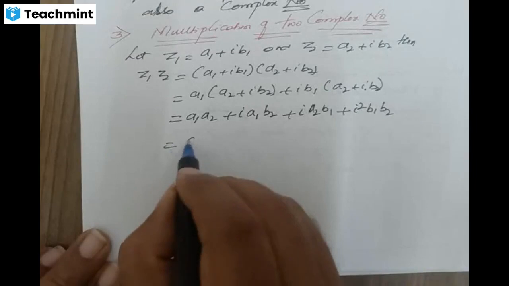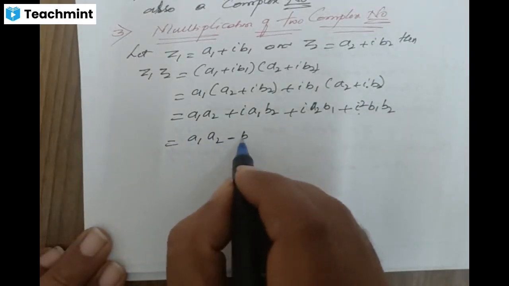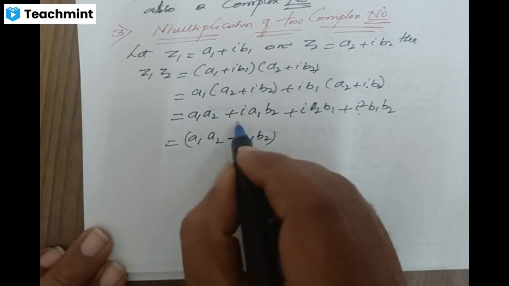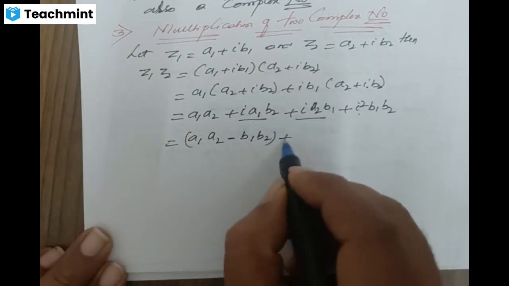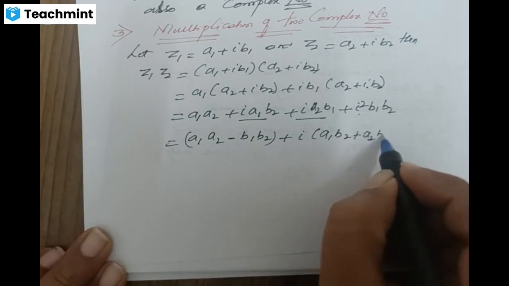So we can write a1 a2, and i square is minus 1, so minus b1 b2. In these two terms, I will take i common: i into a1 b2 plus a2 b1.